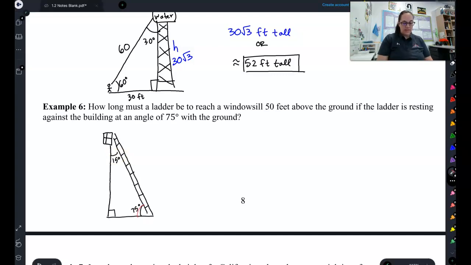So we know this has a 75 degree angle with the ground. We also know that the windowsill is 50 feet above the ground. And we want to solve for how long will the ladder be? What is the length of this ladder? So let's start by doing some trig stuff. I want to notice first off the sides that I'm focusing on in this problem. Notice two sides have things written, one does not.